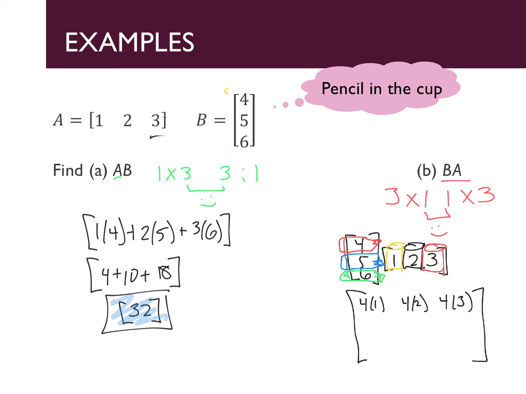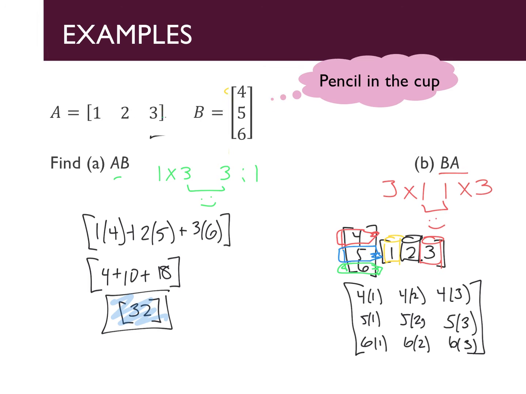The blue pencil goes into the yellow cup, 5 times 1. The blue pencil goes into the black cup, 5 times 2. And the blue pencil goes into the red cup, 5 times 3. And the green pencil goes into the yellow cup, the black cup, and the red cup. All that's left for us to do is to simplify.